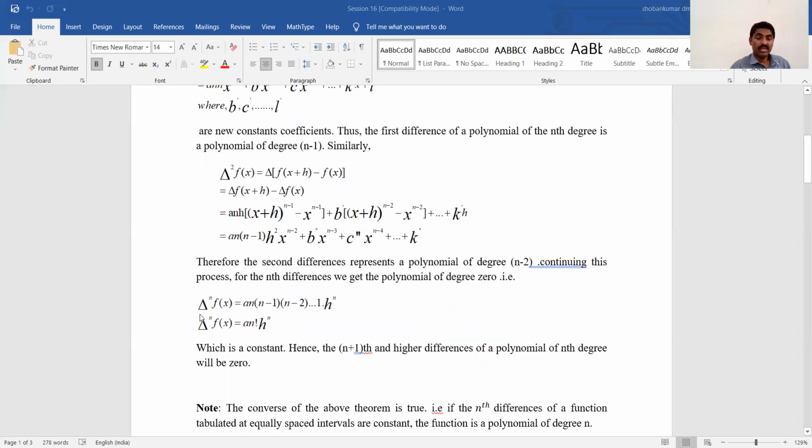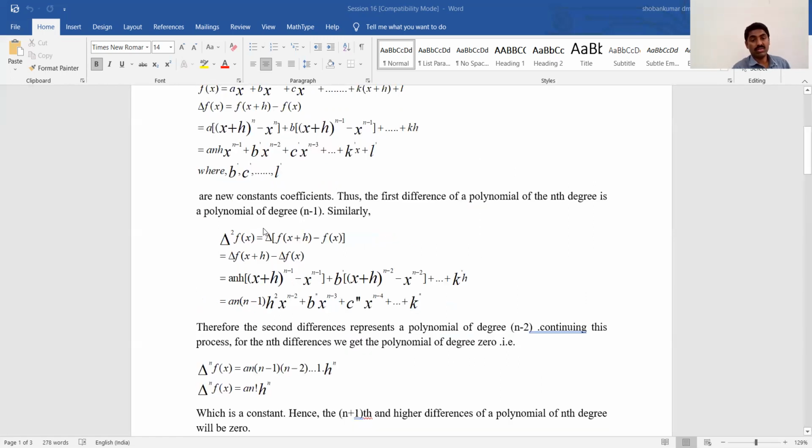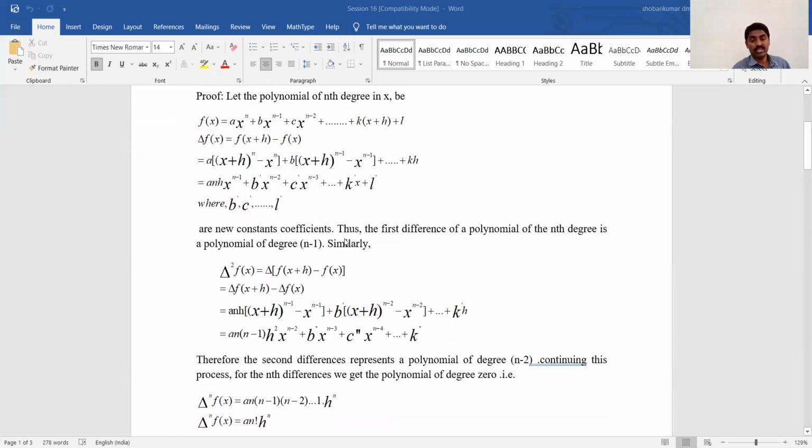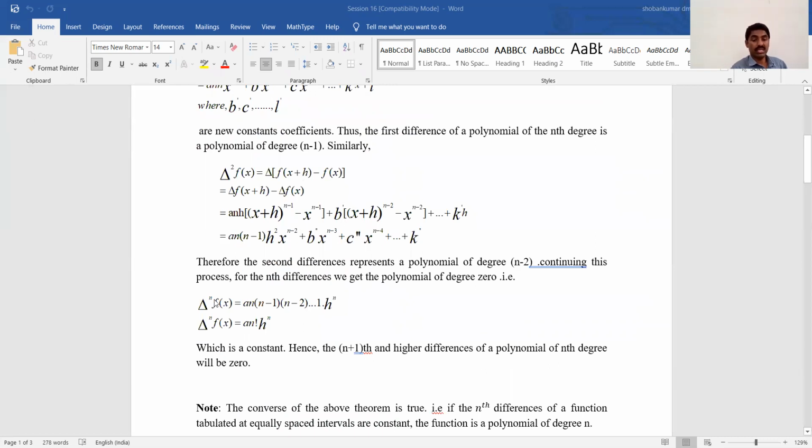Therefore, delta n f of x is equal to a into n into n minus 1, n minus 2, and so on up to 1, because the degree is 0, x to the power 0 is 1, and h to the power n, because for delta square we get h square, for delta we get h, and like this for delta raised to n we get h to the power n.